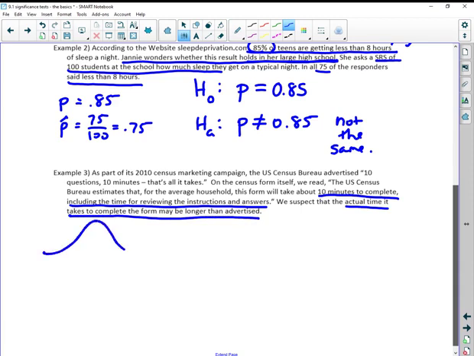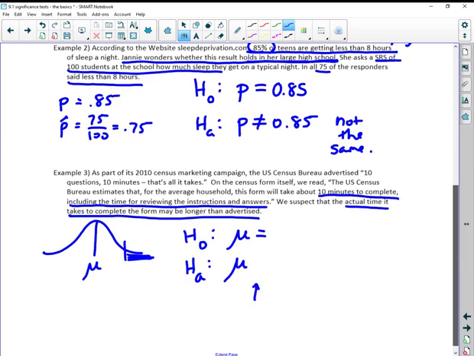Sometimes drawing a little graph helps. If this is the mean time it takes, we're wondering if it's taking longer, something up here. So that can help me figure out, when I'm writing my alternative hypothesis, what symbol I'm going to be using right here.